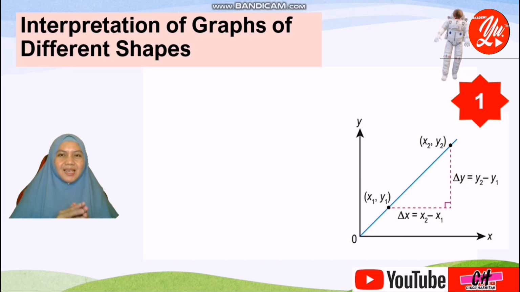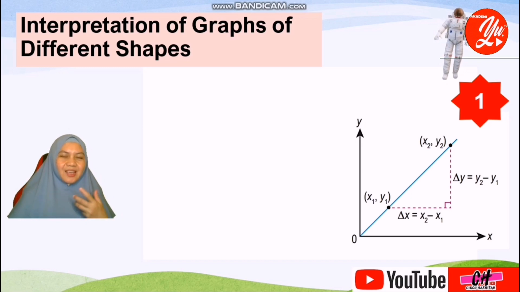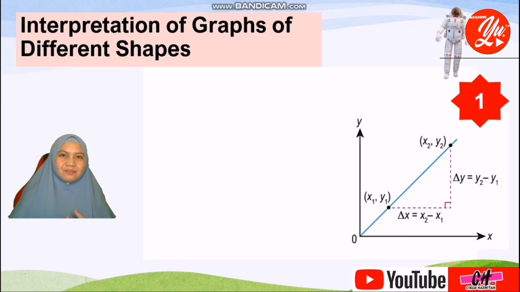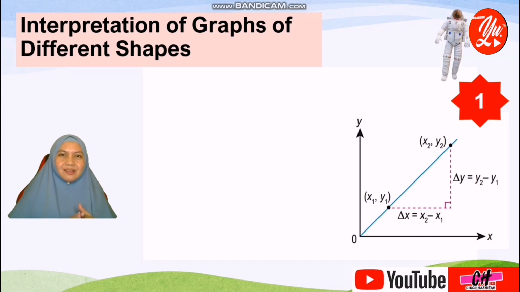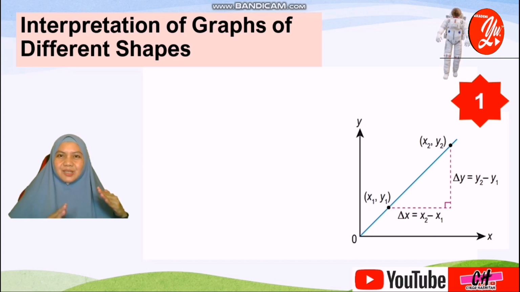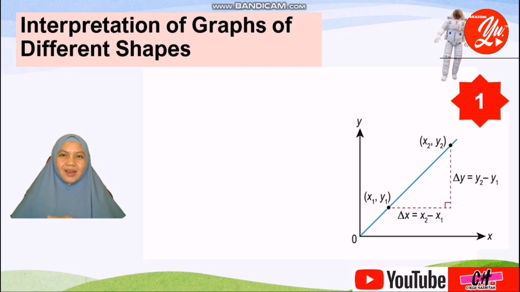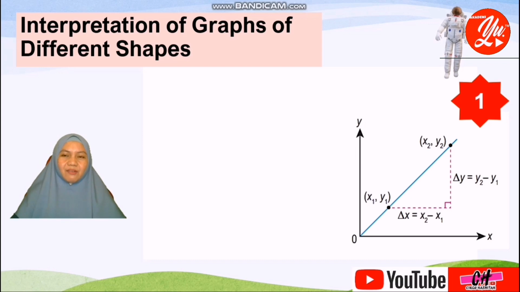Okay, so now let's take a look at the first graph. So what can you say about this type of graph? It is a straight line graph with a positive gradient. How to determine either the gradient is positive or negative? If the line is going up, we say the gradient is positive. And if it's going down, the gradient will be negative.